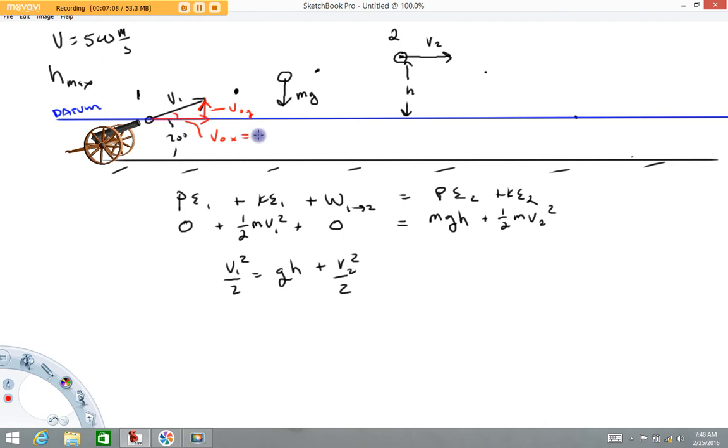Therefore v sub ox is equal to the initial velocity, which is 500 meters per second, times the cosine of 20 degrees. And we get a numerical value out of that of 470 meters per second.